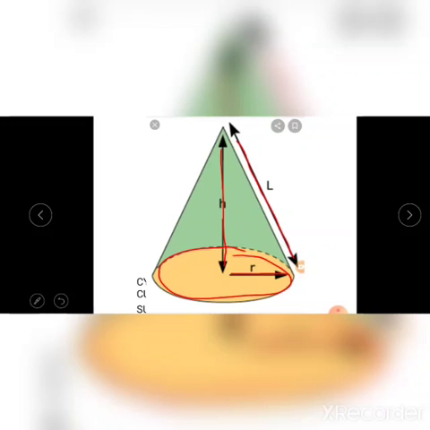Now H, L and R make a right angle triangle. So only in the cone we have a special formula: L square is equal to H square plus R square. This formula depends on Pythagoras because, as I said, it makes a right angle triangle with H and R.